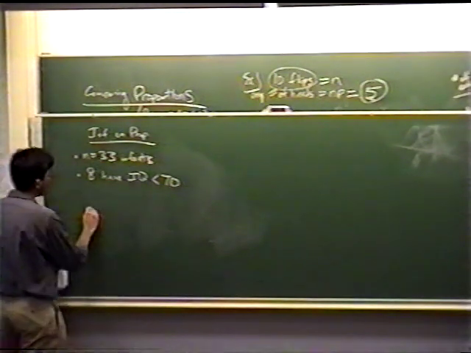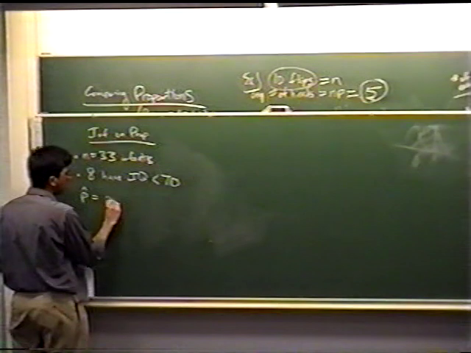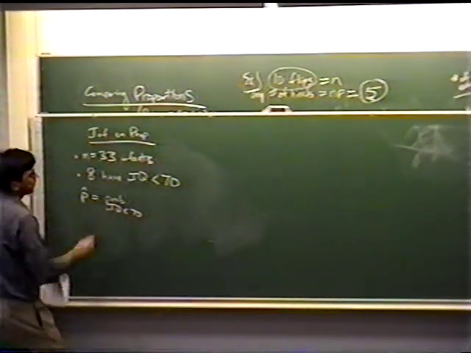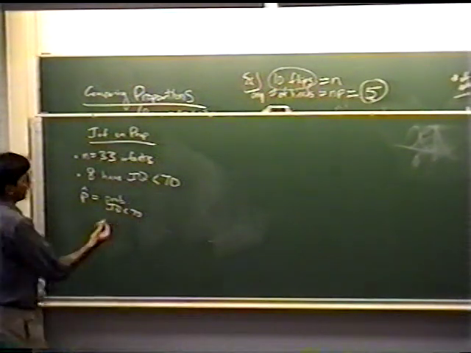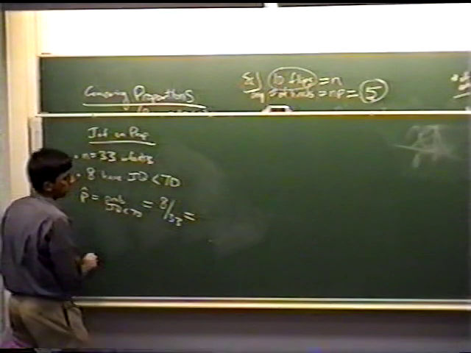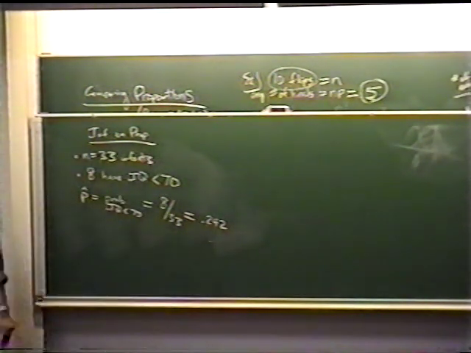So we're defining p hat of our sample as the probability of having an IQ less than 70 for this population. It's just 8 over 33, which when you plug in the number is 0.242. So that's what we're dealing with.